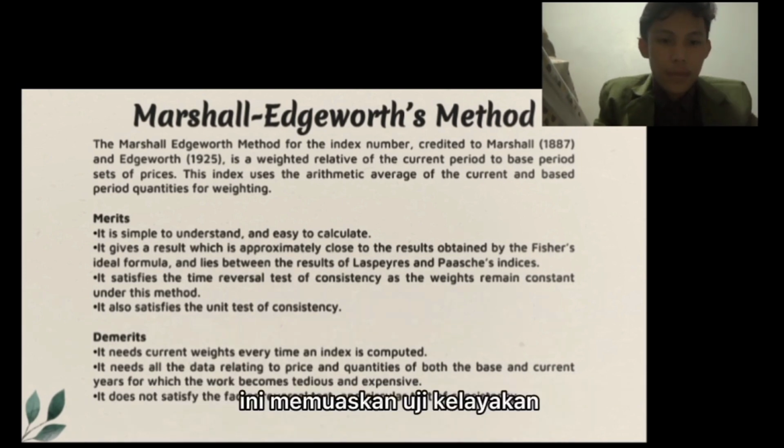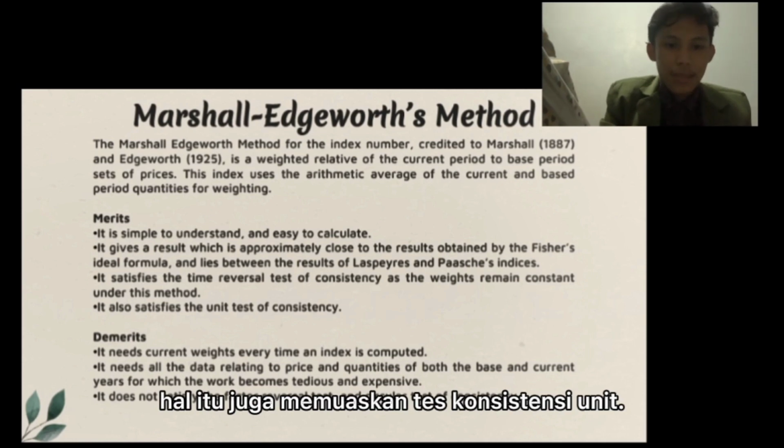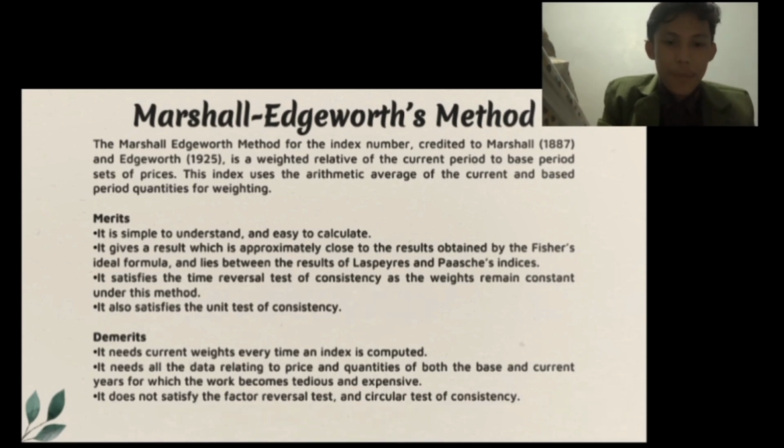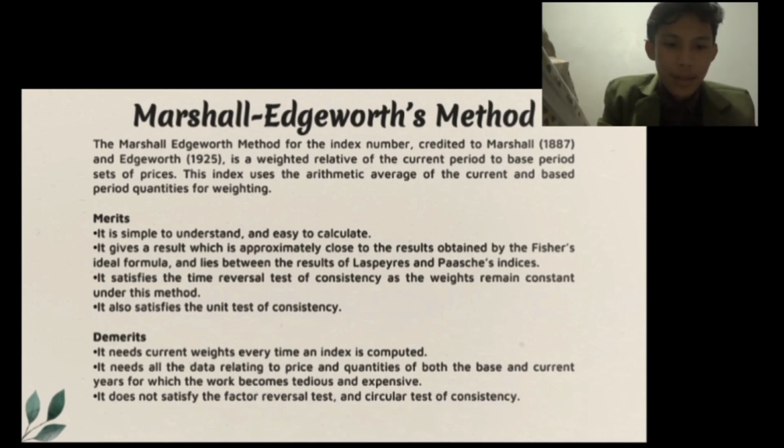It satisfies the time reversal test of consistency as the weight remains constant under this method. It also satisfies the unit test of consistency. Demerits: it needs current weight every time an index is computed.